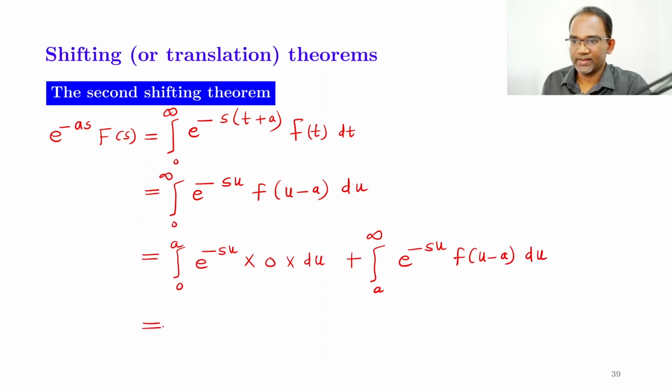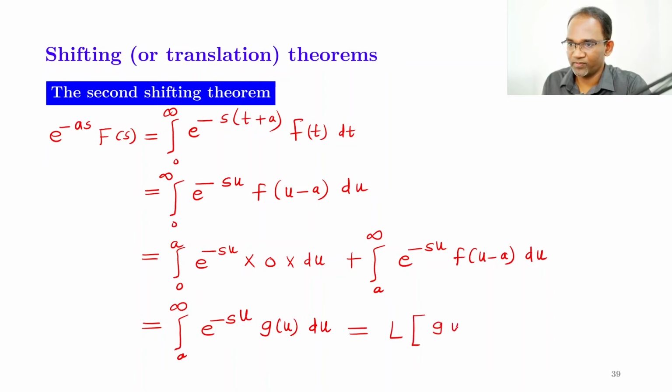And this can be written as the integral from a to infinity of e raised to minus su, where f of (u minus a) can be written as g of u, du, and what we get is the Laplace transform of g(u), which is nothing but G(s). So this proves the second shifting theorem.